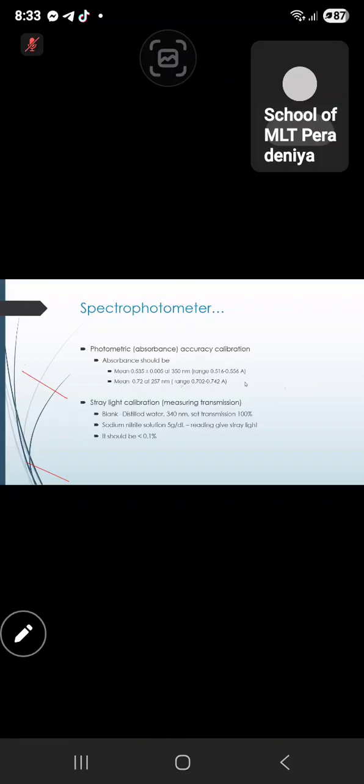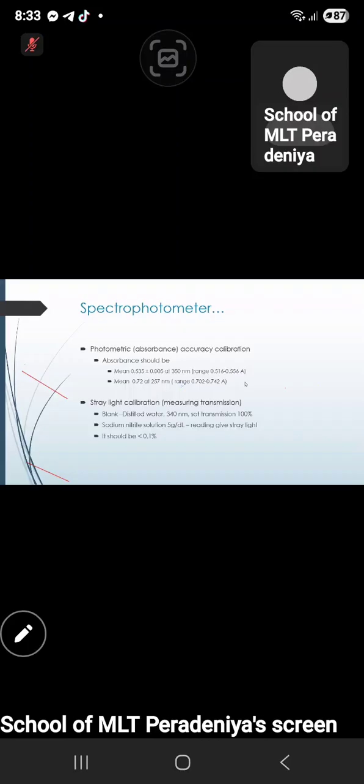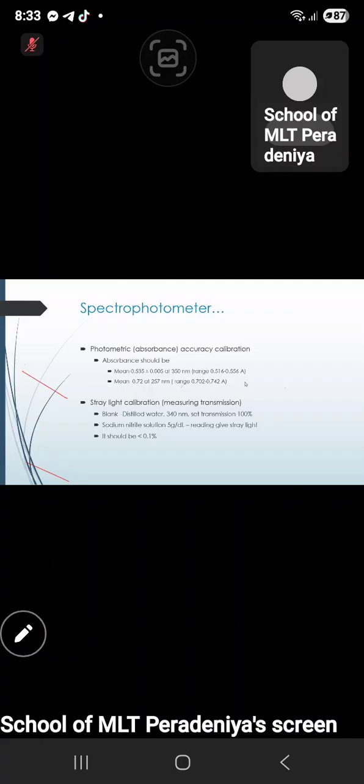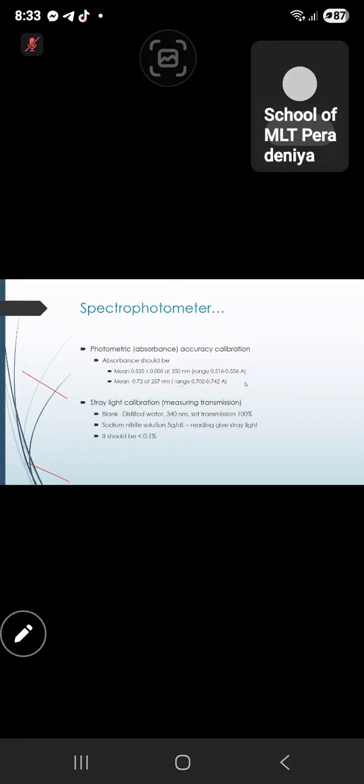Right. Then stray light calibration. I think you understand what stray light is. In the spectrophotometer, we select a particular wavelength that will be absorbed maximally by that particular solution. That is why the wavelength differs for different solutions. If all the light coming from the monochromator goes to the detector, then we say it is 100% transmittance.